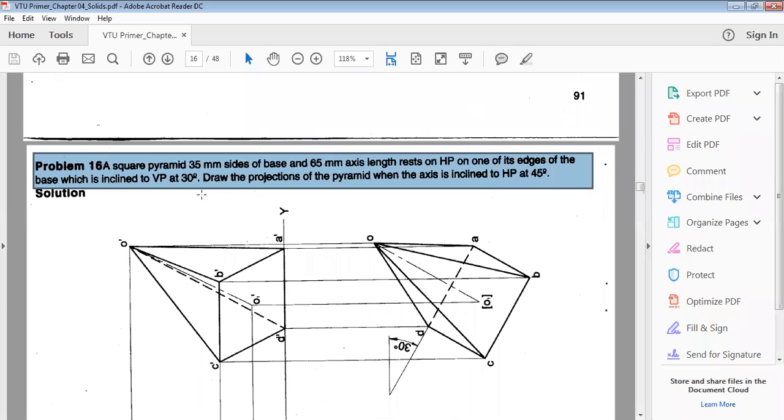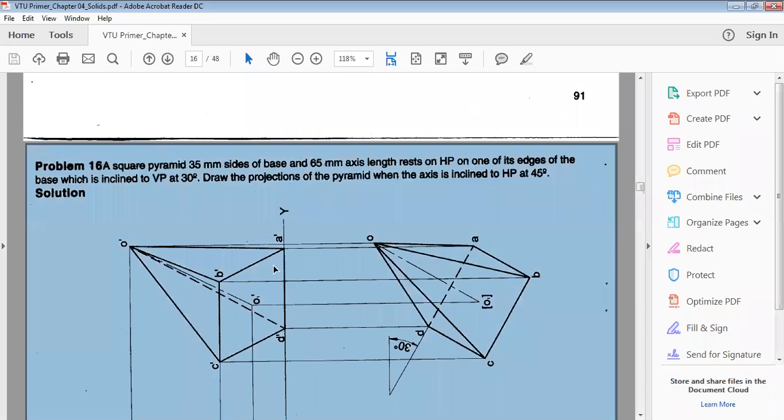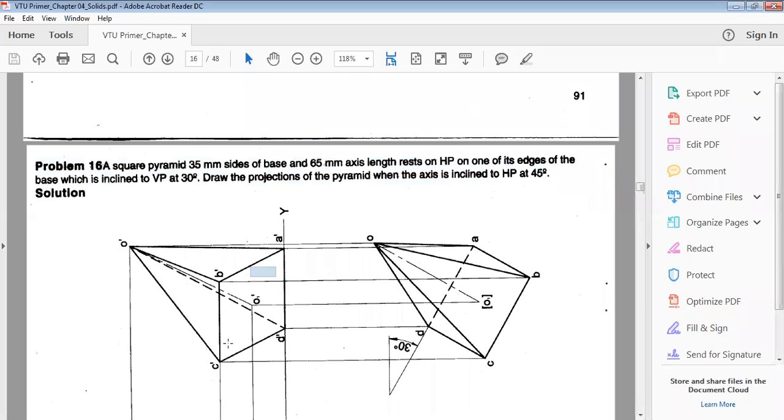Normally, they will give either a square pyramid, a pentagonal pyramid, a hexagonal pyramid, or any pyramid. Normally what will happen is, one is you will have the base surface, for example in this figure. The top surface is going to be missing compared to a prism. Rather, you will have an apex here.